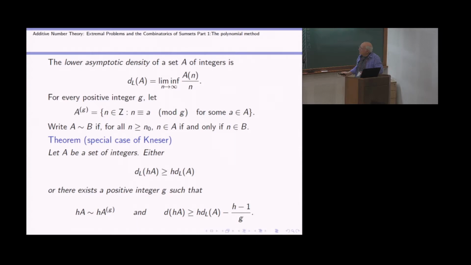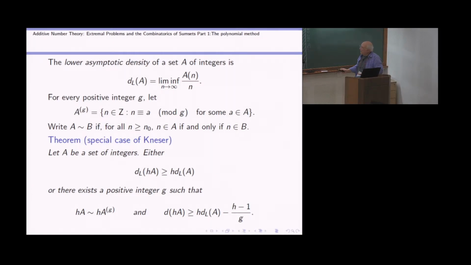And of course, if you take a set of congruence classes mod G that has an asymptotic density, if you have r congruence classes, it will have density r over G. So the lower asymptotic density is actually an asymptotic density. And the density of hA is greater than or equal to h times the density of A minus this quantity.